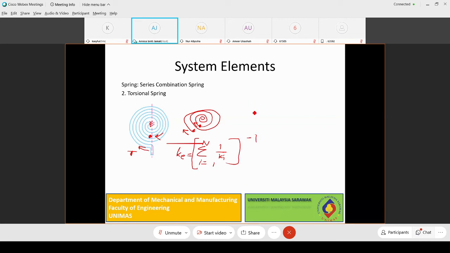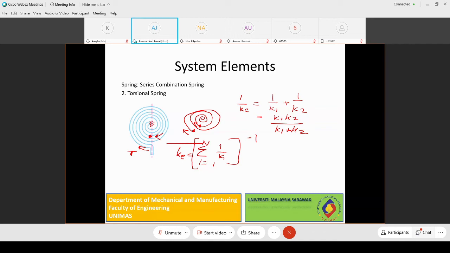So for this case, 1 over KE will be equal to 1 over K1 plus 1 over K2, equal to K1 K2 over K1 plus K2. That is for the torsional spring.